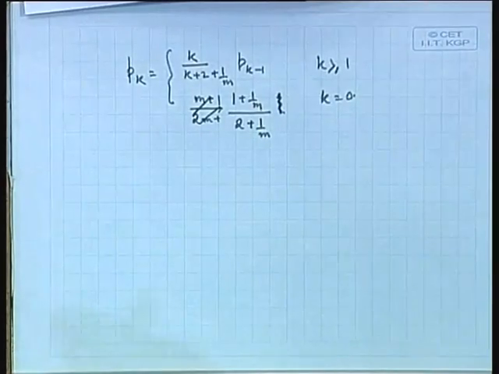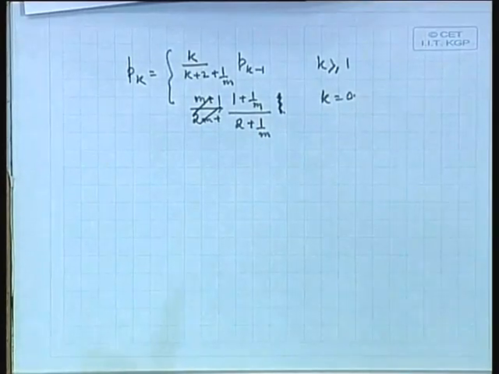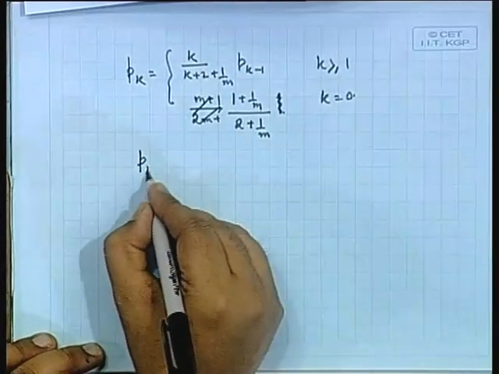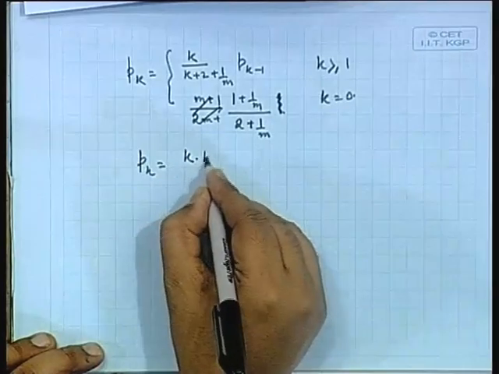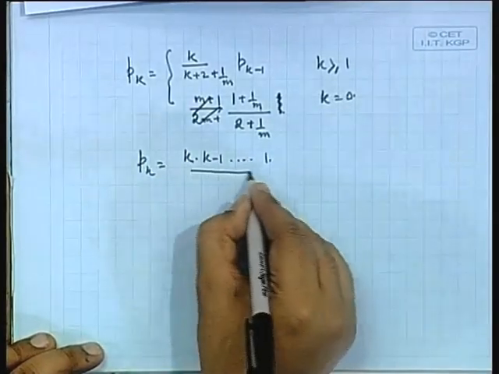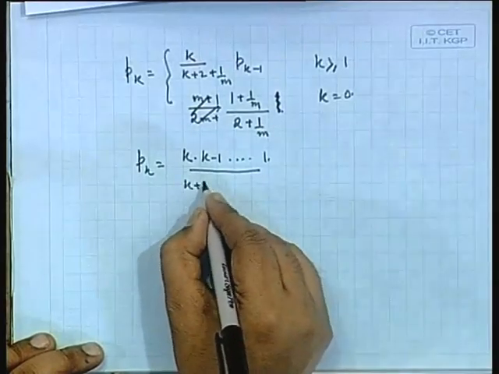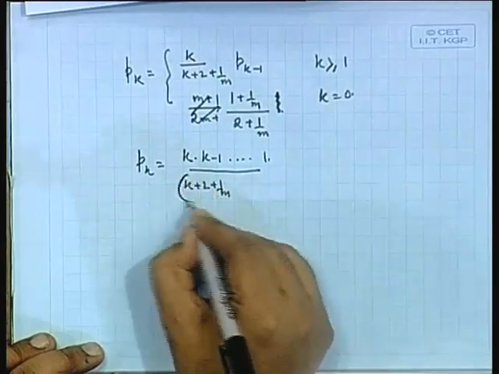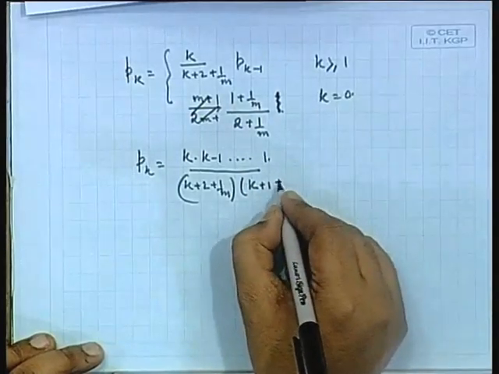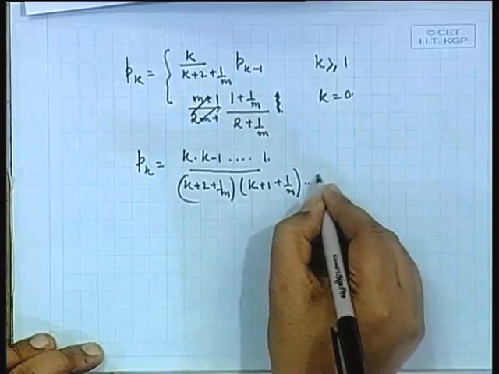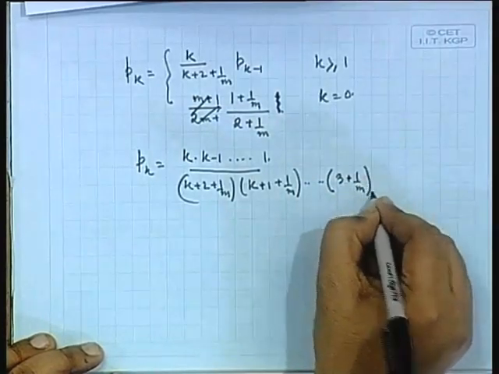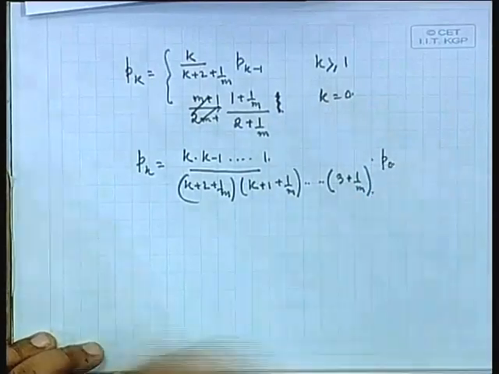Clear? So, now with simple manipulation, we see that p_k is equal to, from k minus 1 going up till 1, (k plus 1 by m), then (k minus 1 plus 1 by m), and it will go up till (3 plus 1 by m) into p_0.